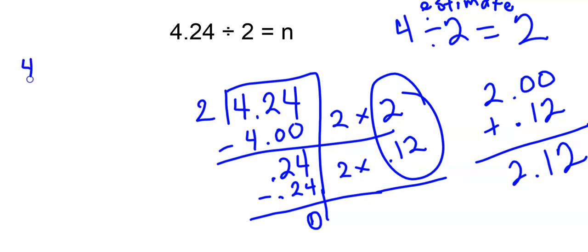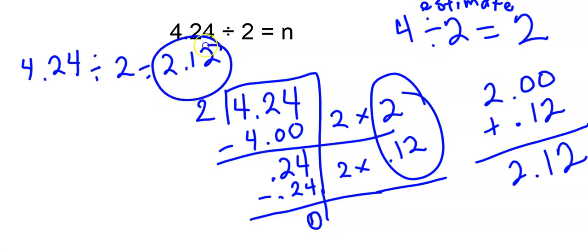So 4 and 24 hundredths divided by 2, or divided in half, is 2 and 12 hundredths. Is that a reasonable answer, thinking about our estimate? Yes, it's just a little over 2, isn't it?